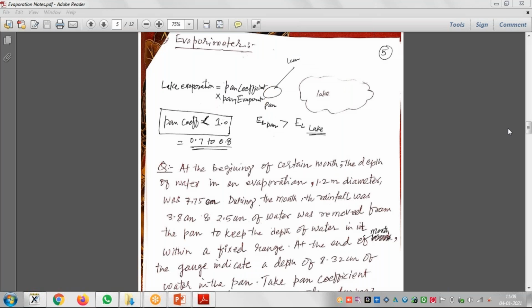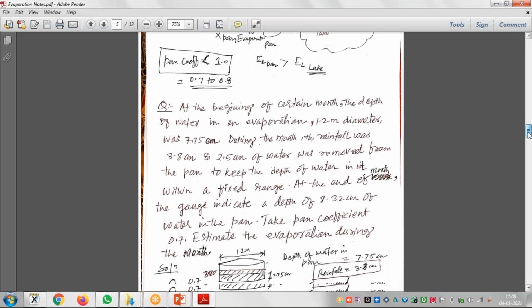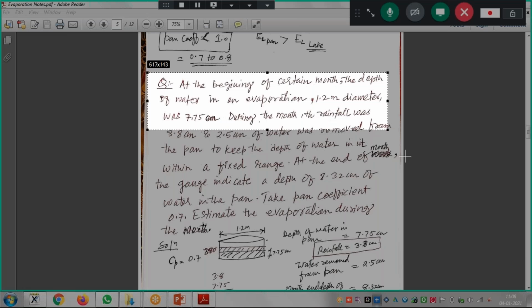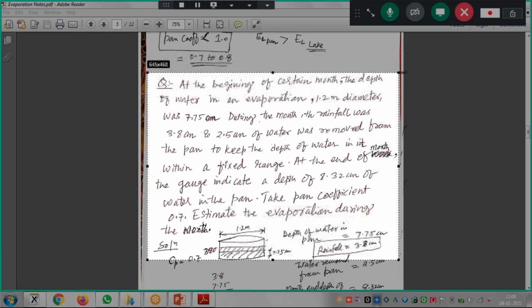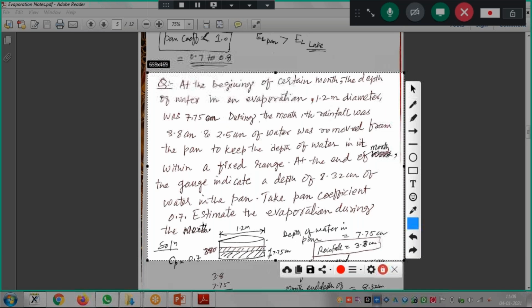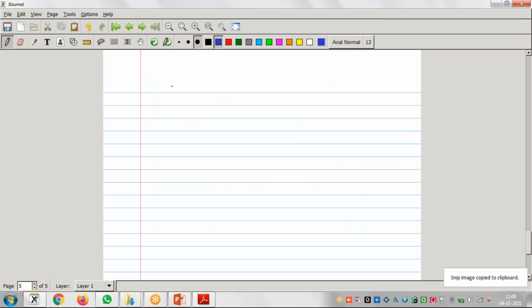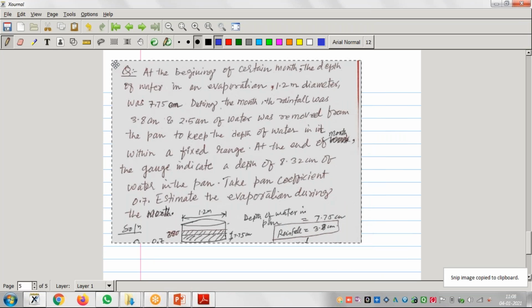Now, the problem is given at the beginning of the certain month. I'm taking this problem from here and we will solve it here.